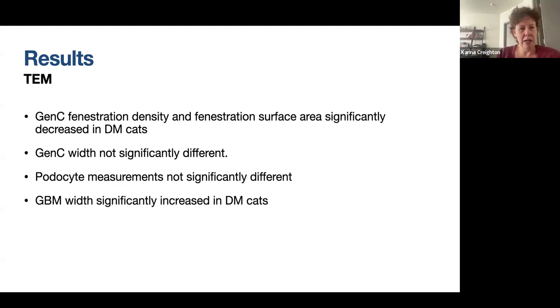For the electron microscopy results, the GEC fenestration density and fenestration surface area were significantly decreased, but the width was not significantly different. There was not a significant difference in podocyte measurements. The basement membrane width was significantly increased in DM cats.